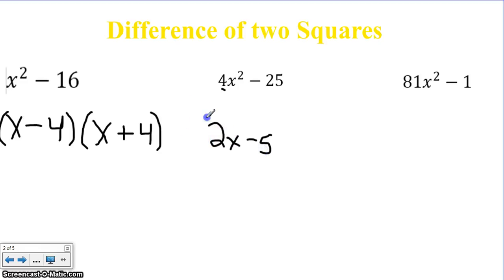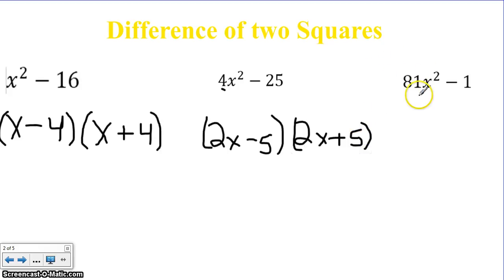But that is only one half. You aren't done once you come to this point. You have to have the other side of the equation that it multiplies to. So you'll have another 2x because 4x squared is positive, and you'll have a positive 5 because a positive times a negative gets you a negative.